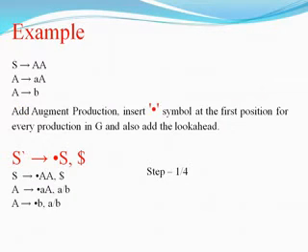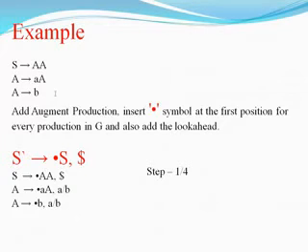This is an example I have taken: S tends to A A, A tends to a, A tends to b. In this example, whatever grammar is given, we should remember a few things.